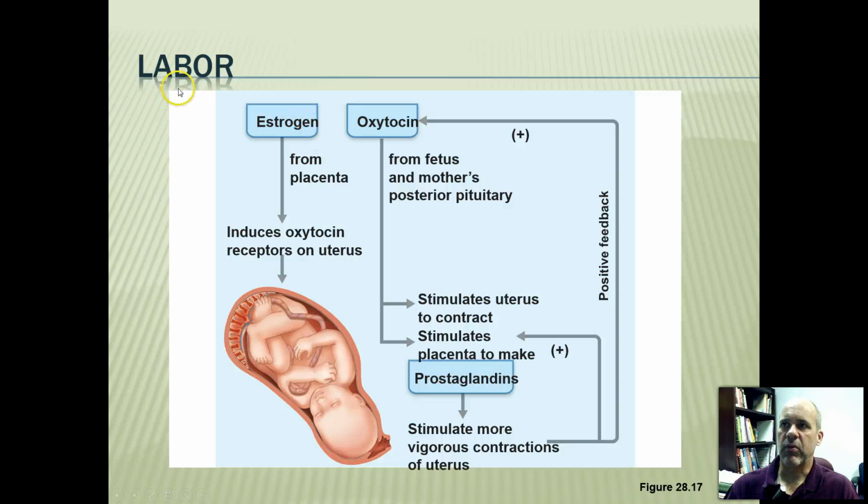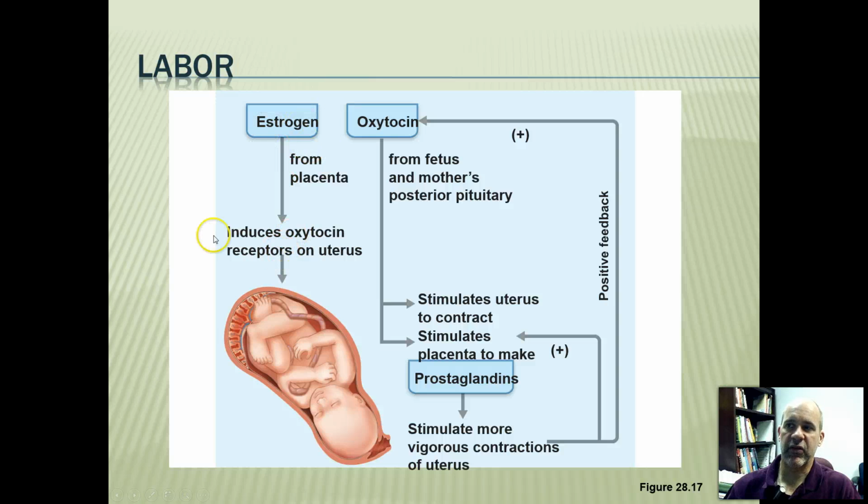Go back and review how labor takes place. So when you get to the end of the pregnancy, the uterus is very stretched. That stretching ultimately leads to oxytocin. So there are sensory nerve tissues in here that send signals up to the brain and trigger oxytocin to be secreted from the posterior pituitary.